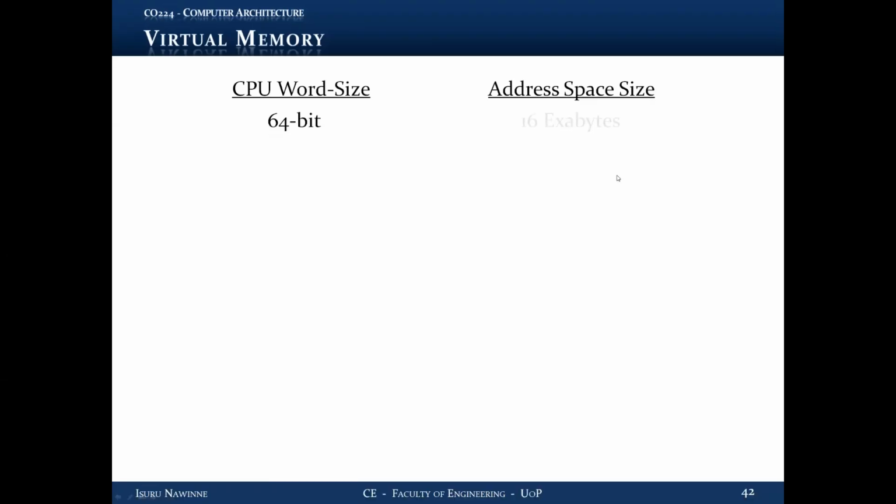So it adds up to 16 exabytes. That is about 16 million gigabytes, right? That is way more memory than the computers that we use have, or even the supercomputers of this day and age. We don't have anywhere near that big a memory.